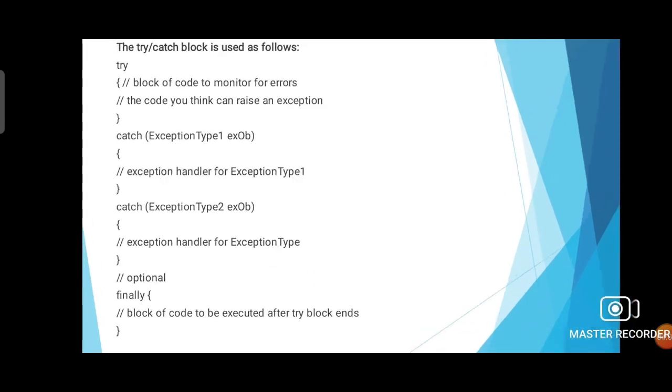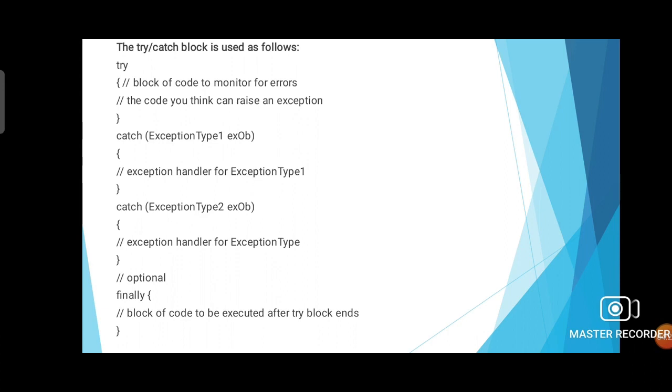The try block will have the error prone code. If we have doubt on any code that may raise an exception, such code has to be put under the try block. So the try block contains the code that can raise an exception.